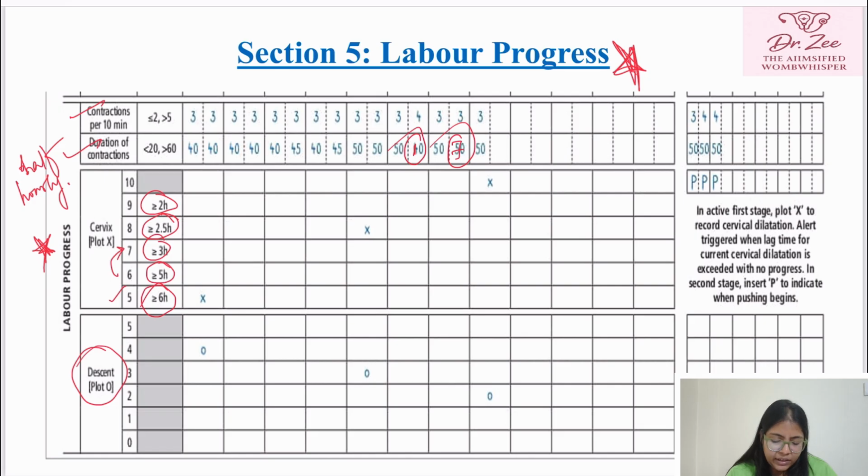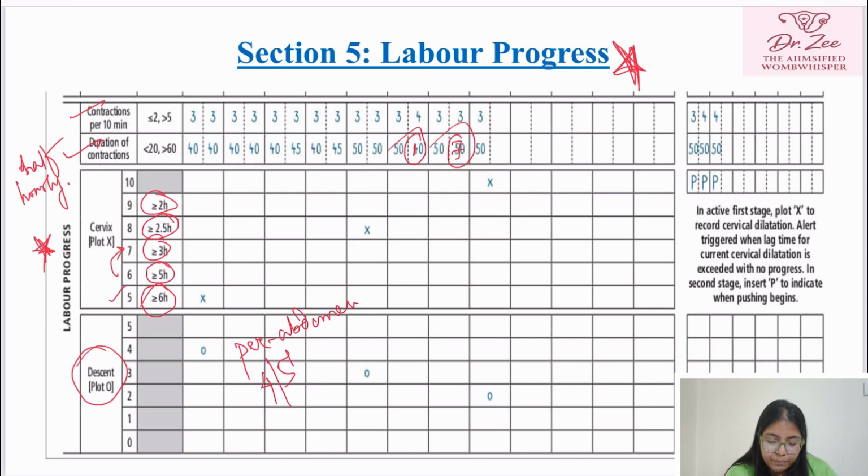Similarly here in descent, you see whenever you have done a per vaginum examination, whenever you are checking the dilatation, you are plotting the descent of head, and the descent of head you are checking per abdomen. Okay, this is where confusion arises. This is where I also get confused. Sorry if I have ever taught you wrong about this, but it is checking descent of head per abdomen, in fifths.